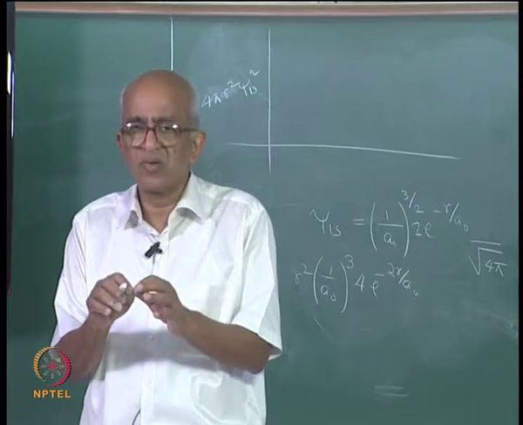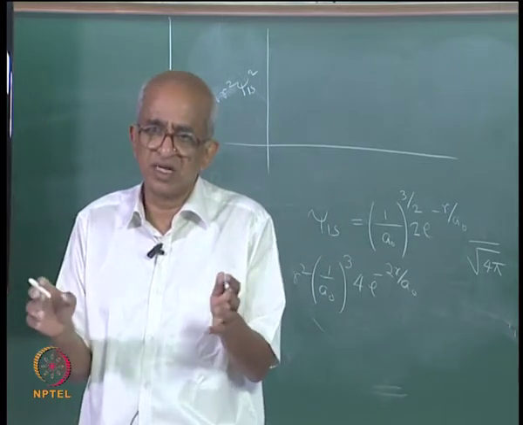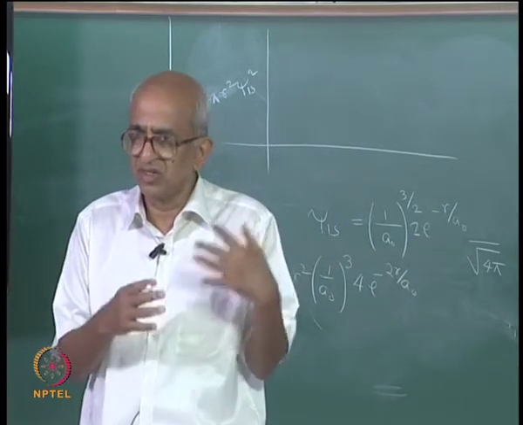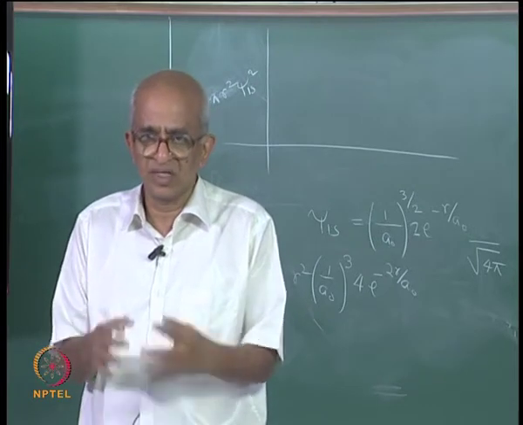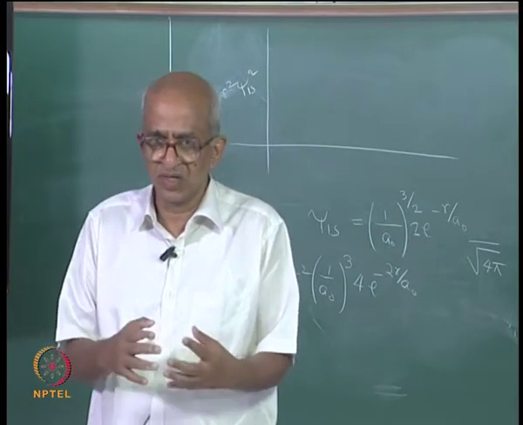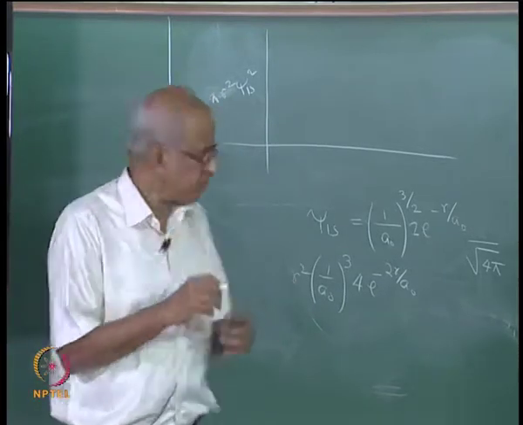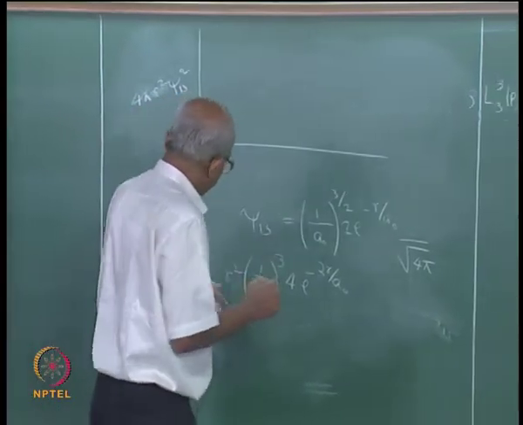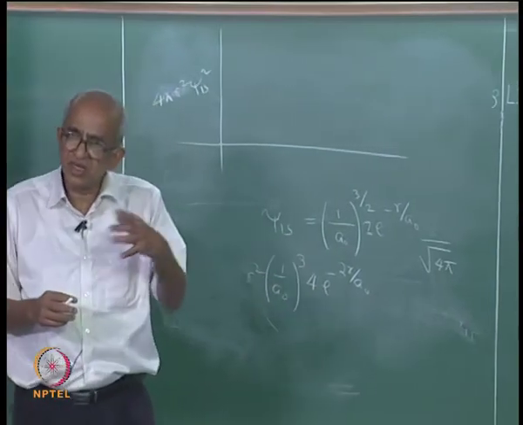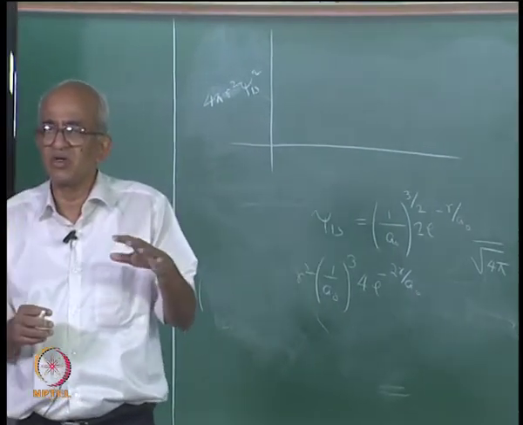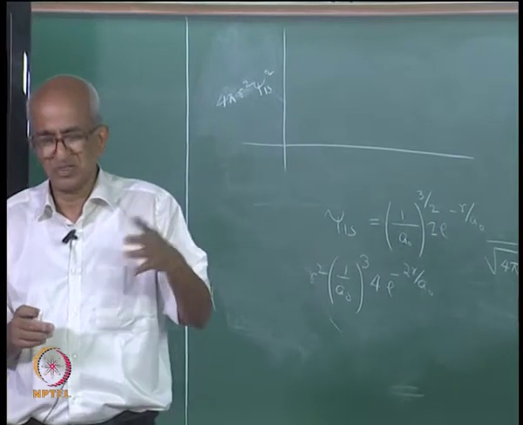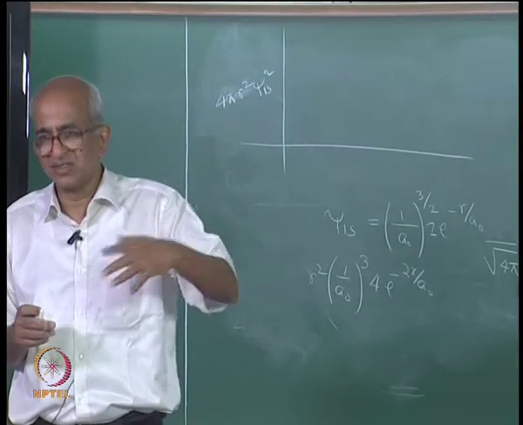The most probable position is the position where the wave function has the largest value, and that actually in this case is at the nucleus. That is the most probable position for the electron, right. Now, what I am saying is that I am asking what is the probability that the distance of the electron from the nucleus is equal to r. I should say probability density, that the distance is equal to r.